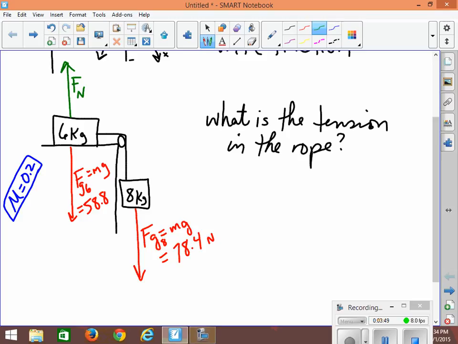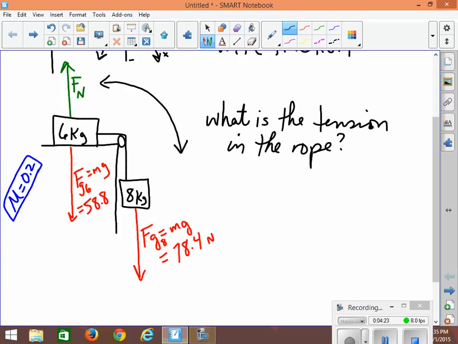Now, how will we deal with our new frictional force? Well, we kind of know which way this is going to go because we have done that in the previous question. You can tell by looking at it, the 8 kilogram block is probably going to pull this whole system this way in a clockwise kind of motion. So that's our x-axis. Our x-axis is all the forces that are lined up along this clockwise versus counterclockwise reference frame.